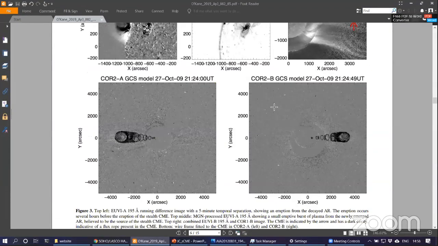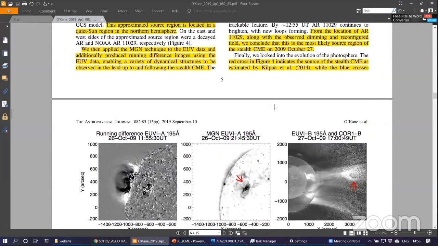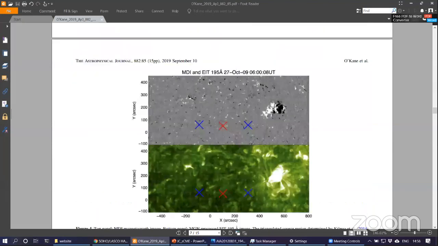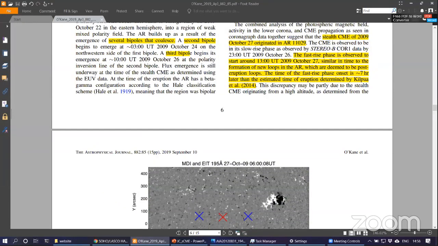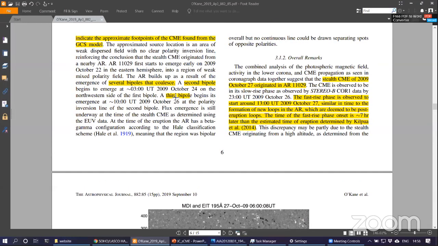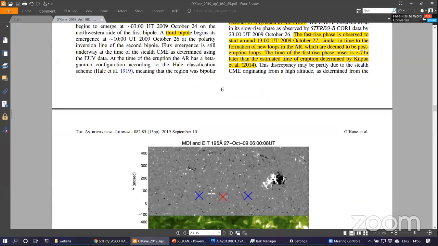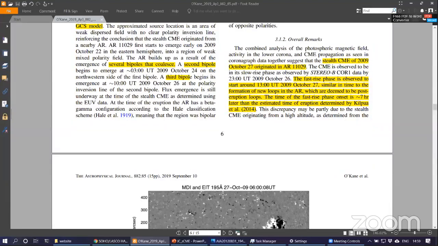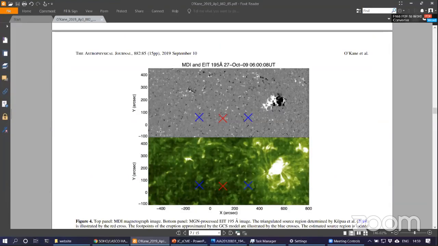There was one small active region emerging, and apart from this they have also observed several bipoles emerging and coalescing, and maybe it's not flux cancellation but flux emergence which is responsible for this particular eruption. And they have done a similar analysis for another event, of 3rd March 2011.